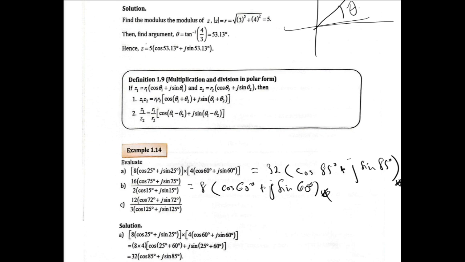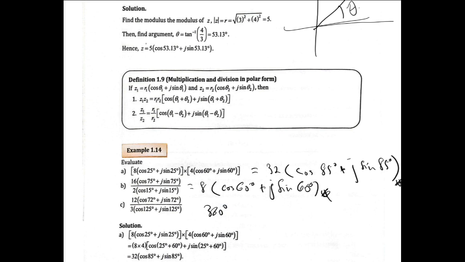Let's look at C for a bit. If we divide with larger angles like this, 72 degrees minus 125, we get a negative result. But remember that angles are periodic. The total angle is 360.